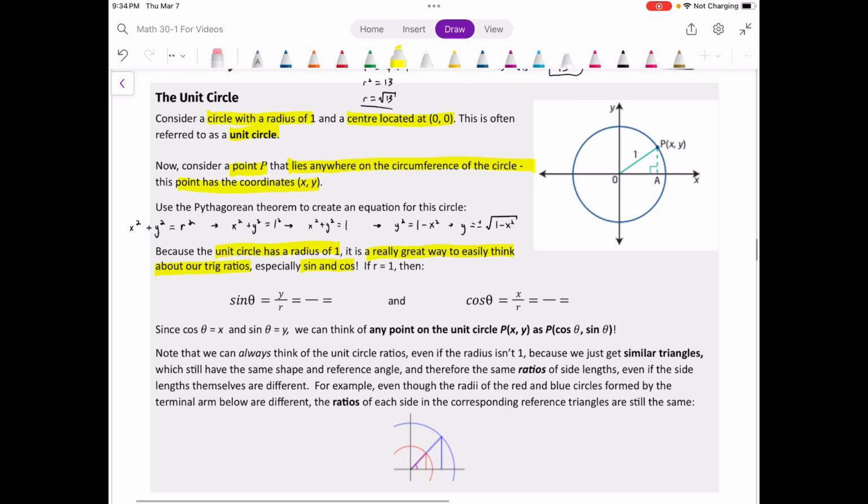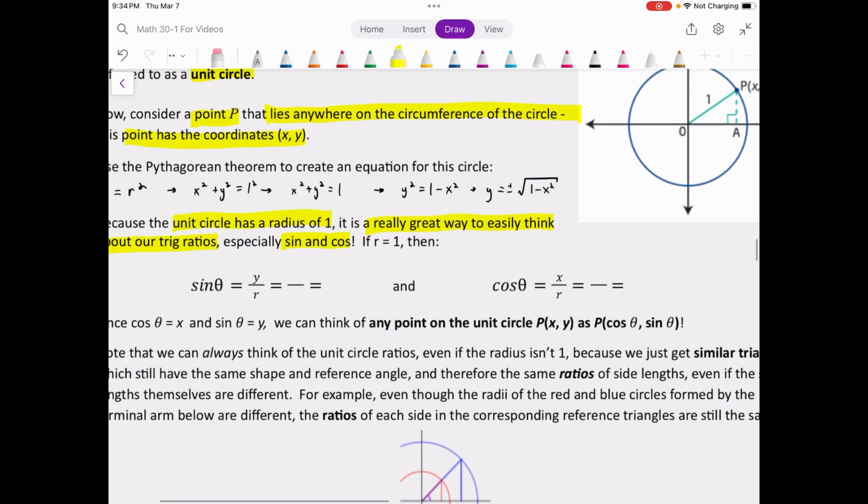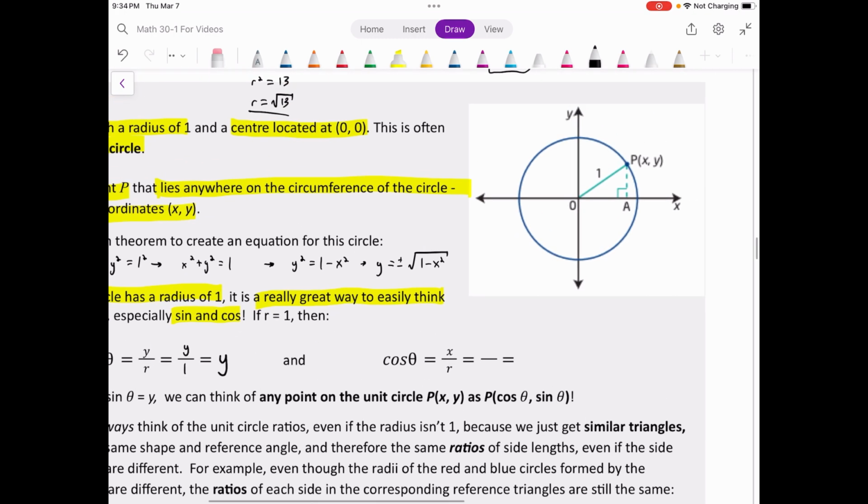If r equals 1, then sine theta, which is just opposite over hypotenuse, or y over r, on the unit circle, it's just going to be y over, well, r is 1. So sine theta will just be y, meaning that whatever this y coordinate is, we know that it is the sine of this angle, right?